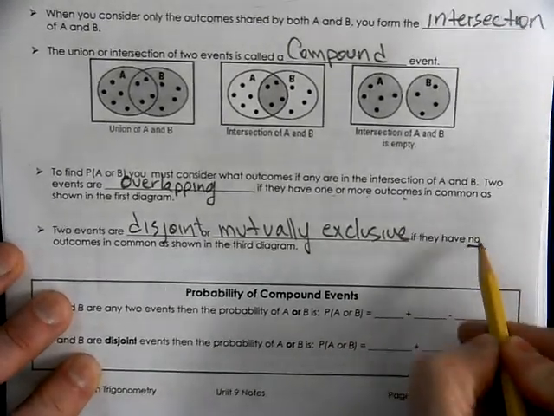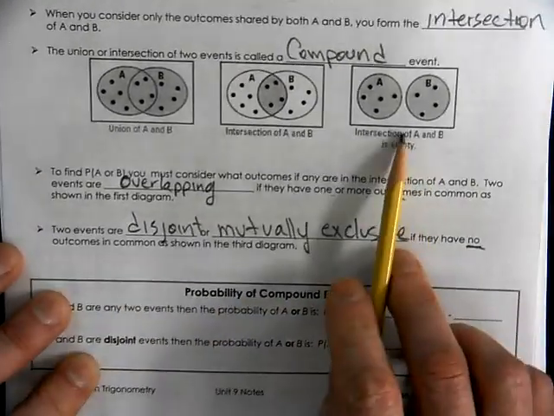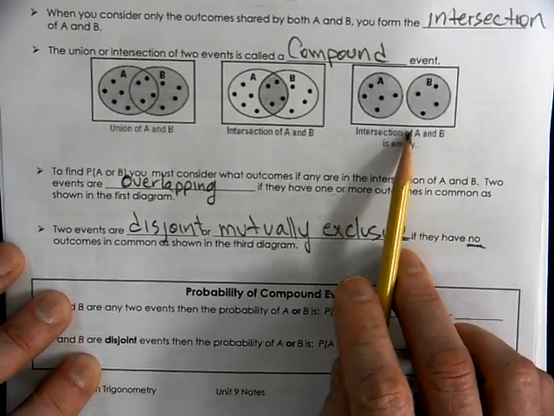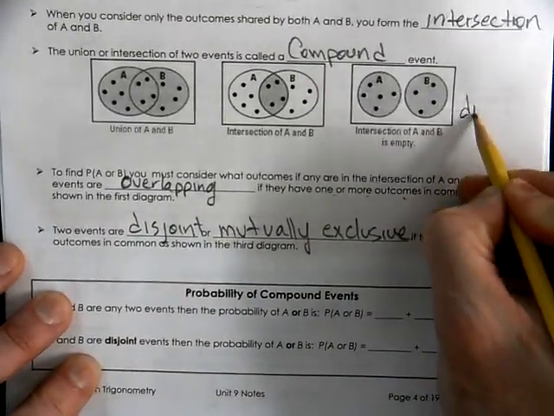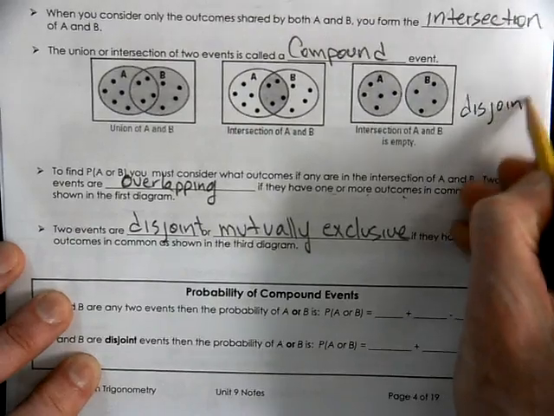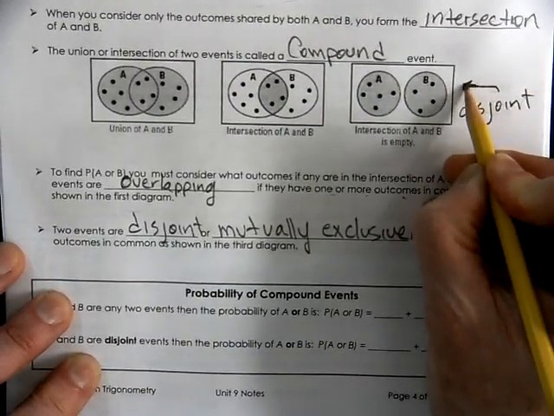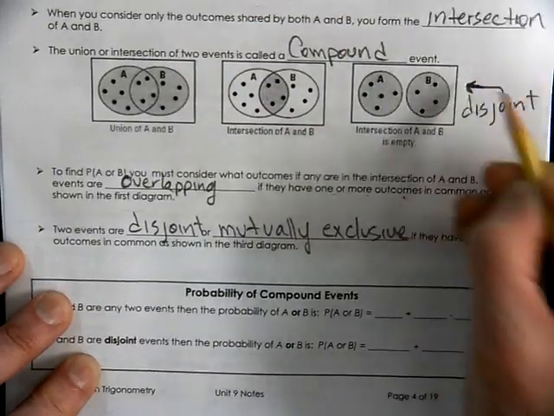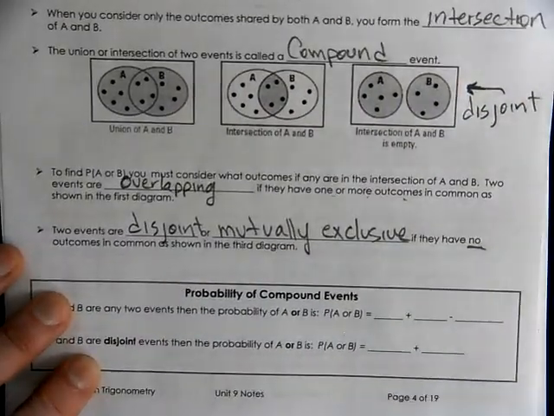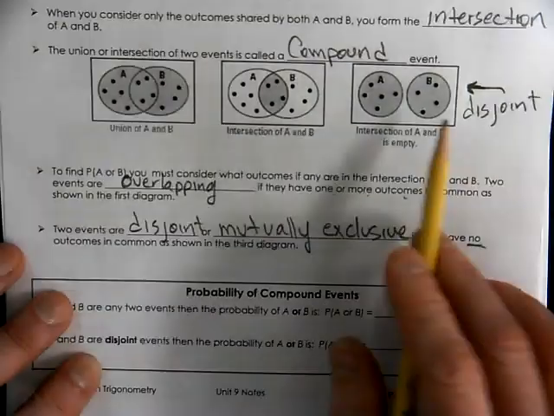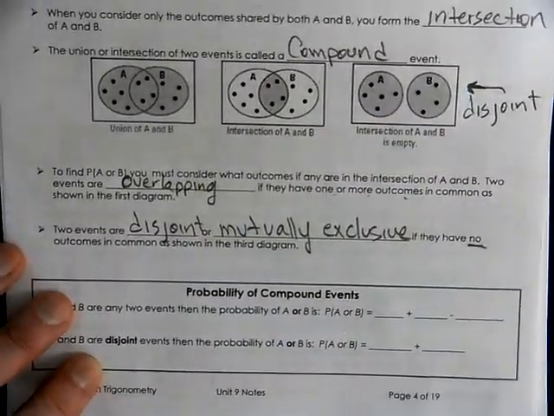They have no outcomes in common. So that would be our third box. This here is an example of disjoint. You might want to label that on your notes. That's what disjoint is. That's where they are completely separate events.